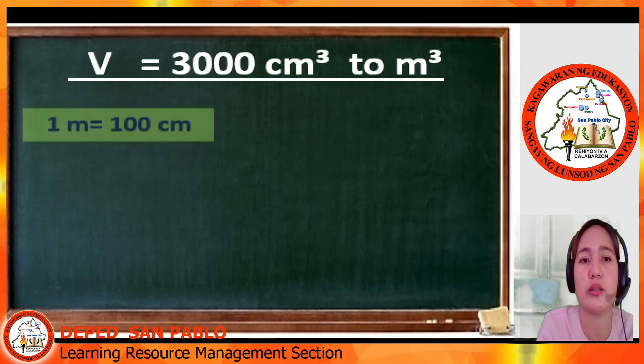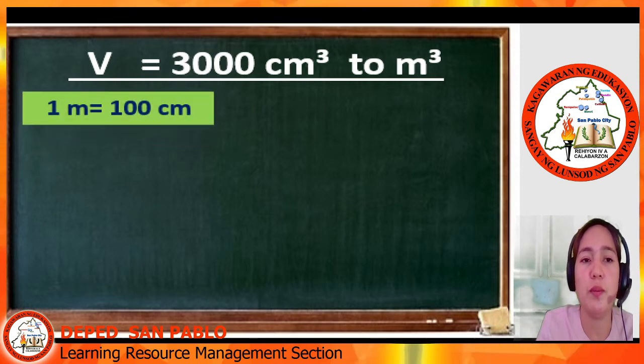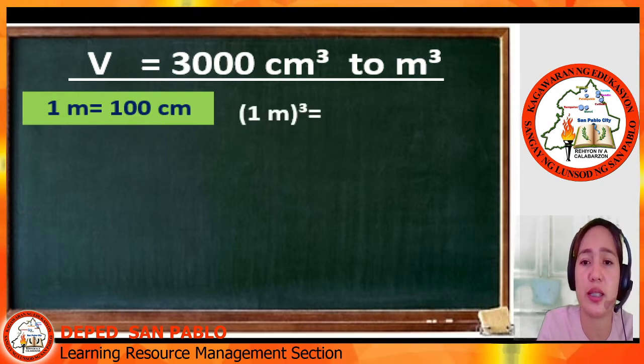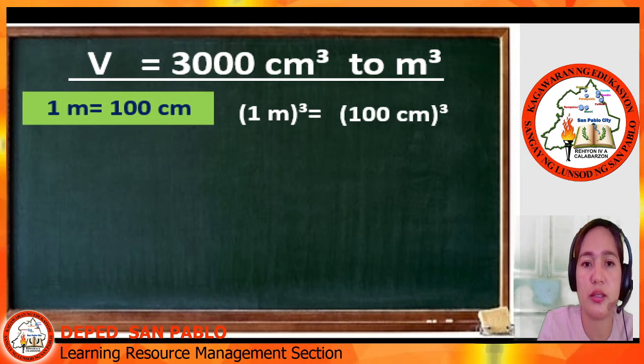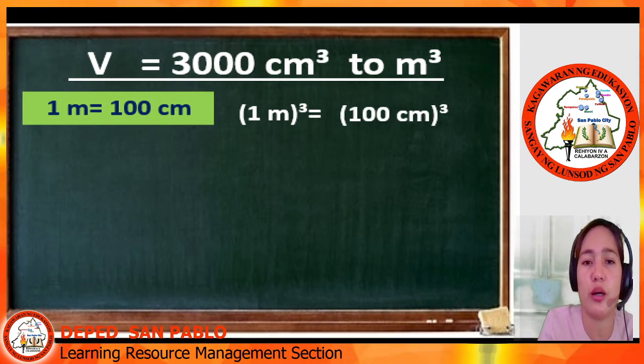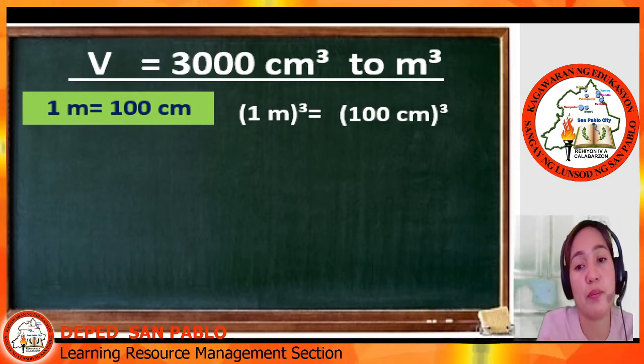First, let's go back to the conversion. 1 meter is equal to 100 centimeters, right? So we're going to make this in cubic units. 1 meter to cubic units, so we're going to multiply it by 3. And also, its equivalent in centimeters, we're going to multiply also by itself 3 times.